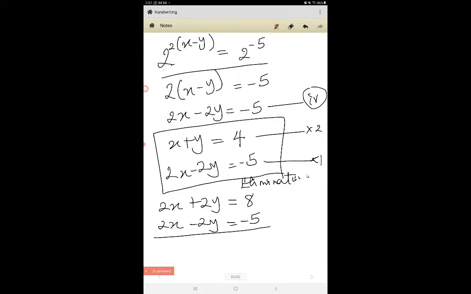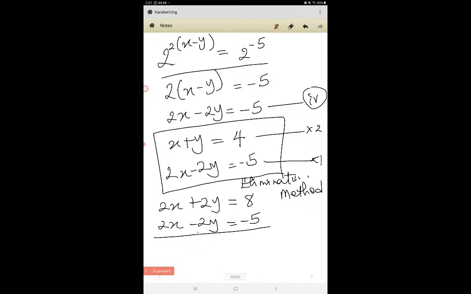So the method we use here, we call it the elimination method. Since we have multiplied it, you now have this.